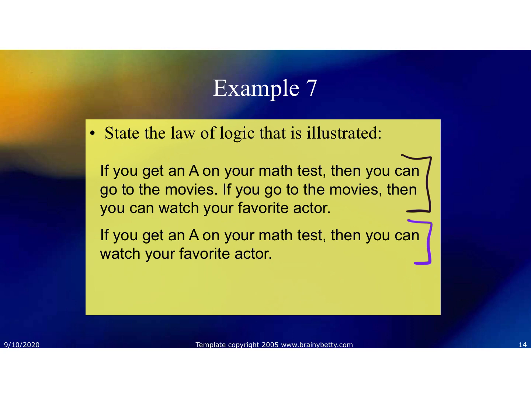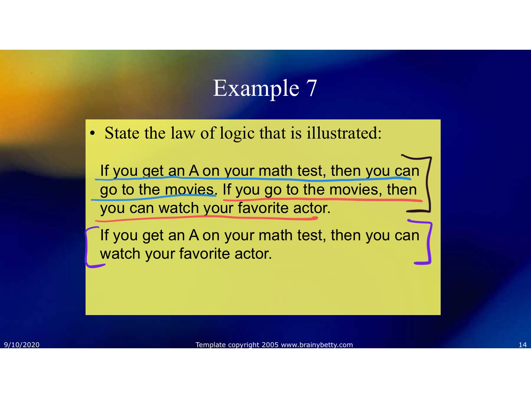My first conditional is: if you get an A on your math test, then you can go to the movies. The second conditional: if you go to the movies, then you can watch your favorite actor. The statement they came up with was: if you get an A on your math test, then you can watch your favorite actor.